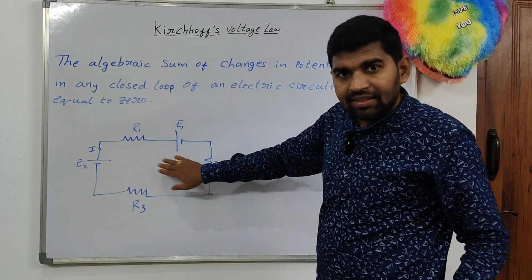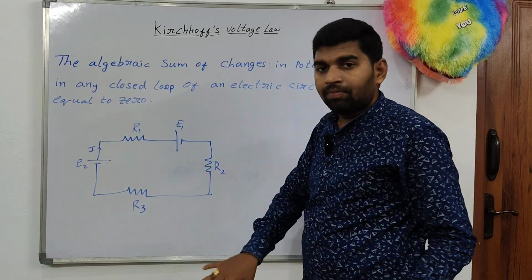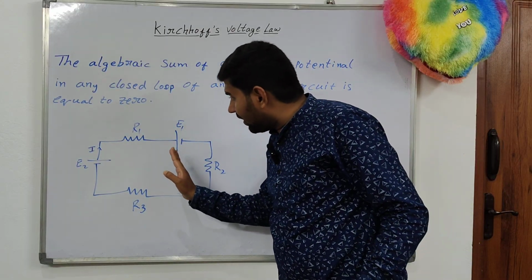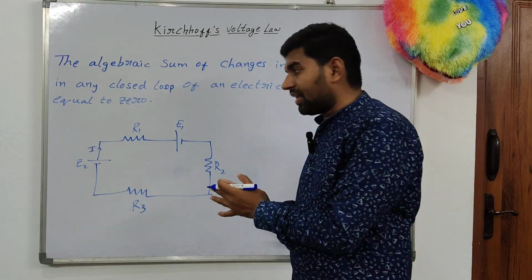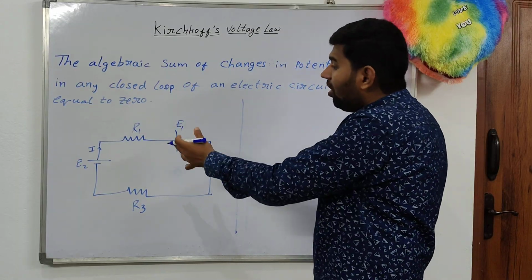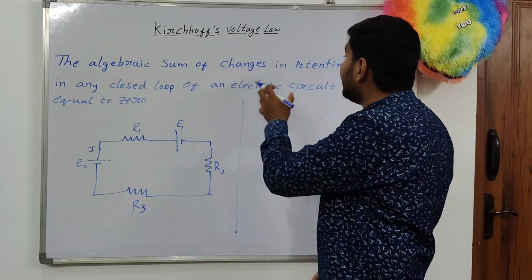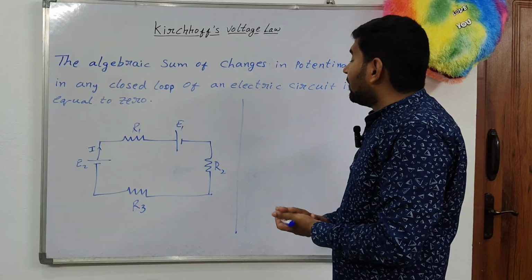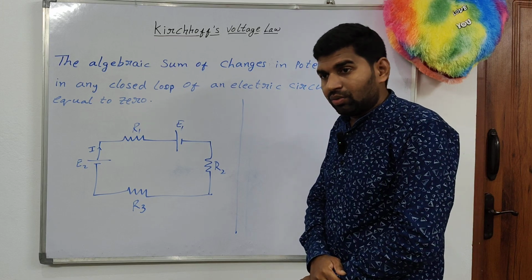You can consider this a closed path having a conducting path. It is an electric circuit. Now, in this circuit, the algebraic sum of changes in potential is equal to 0.